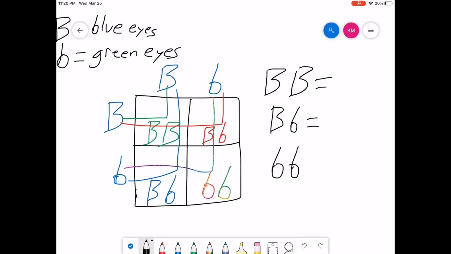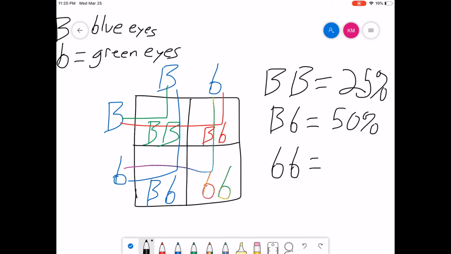The probability of a homozygous dominant is we only have 1 square, so 1 out of 4 squares is capital B, so there is a 1 in 4 chance, or 25%. Big B, little b, a heterozygous, we have 2 squares that have that specific code. So that's 2 out of 4, which is 50%. Got a 50% chance of having an individual that is heterozygous.